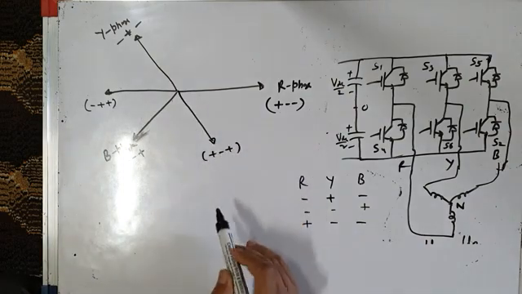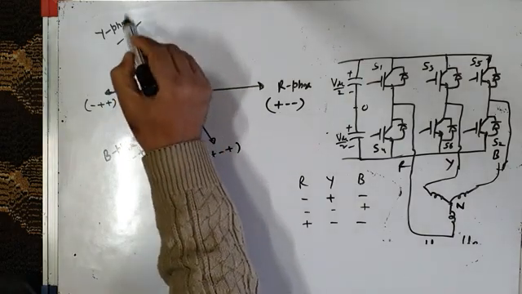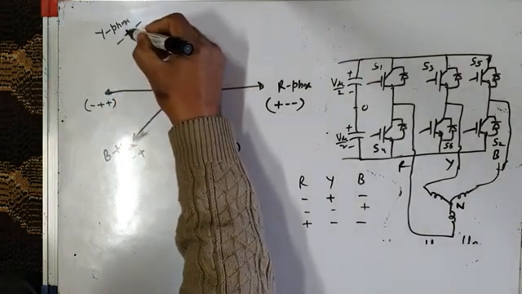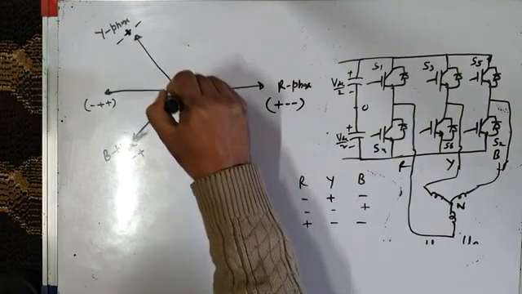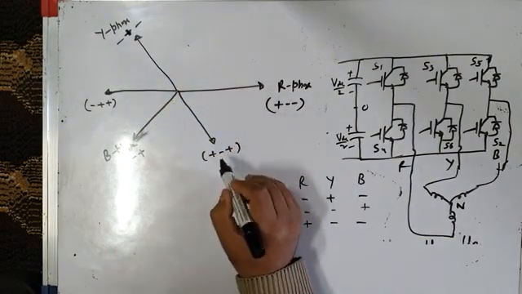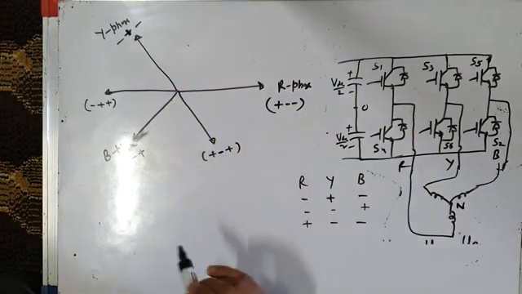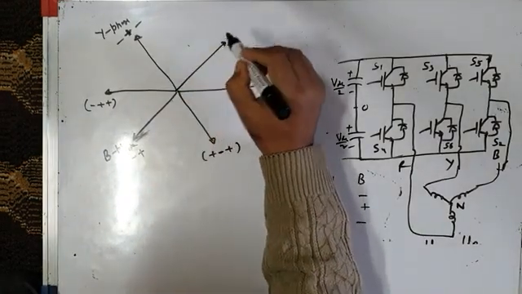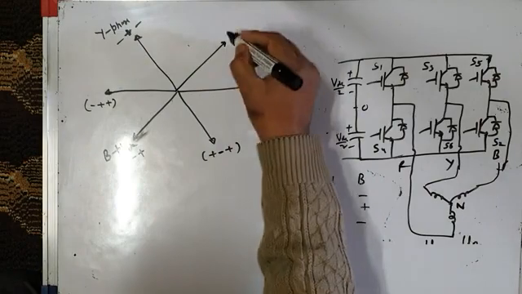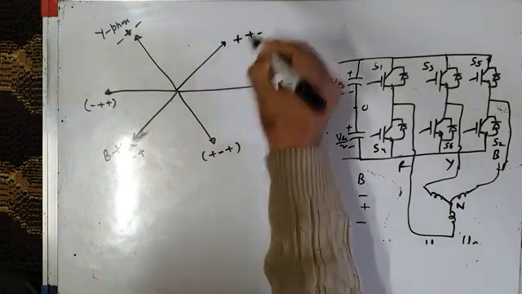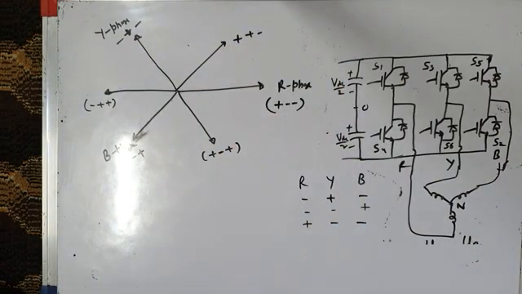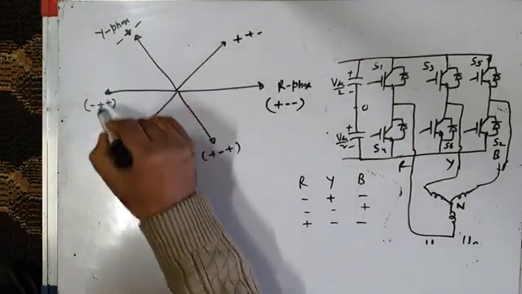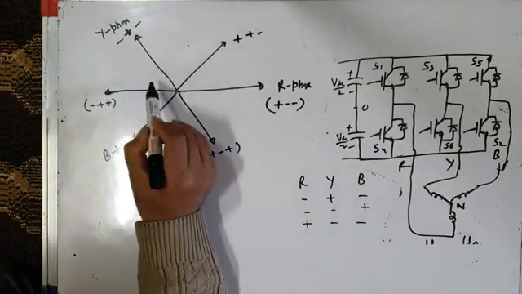Minus Y phase axis means along Y phase VYN is maximum positive, and along minus Y phase axis VYN is maximum negative. Similarly, if this is B phase, this is minus B phase, minus minus plus, so it will be plus plus minus. This is how you show these switching states. So 1, 2, 3, 4, 5, 6. And you have two more switching states.